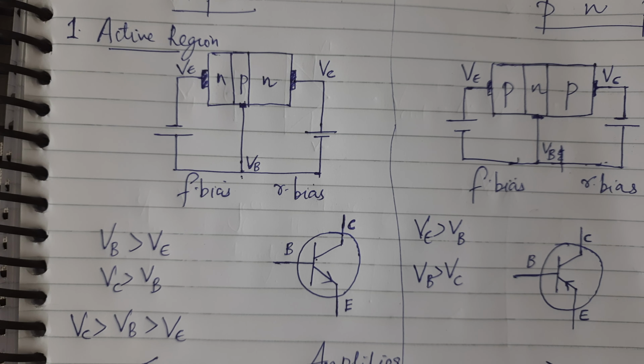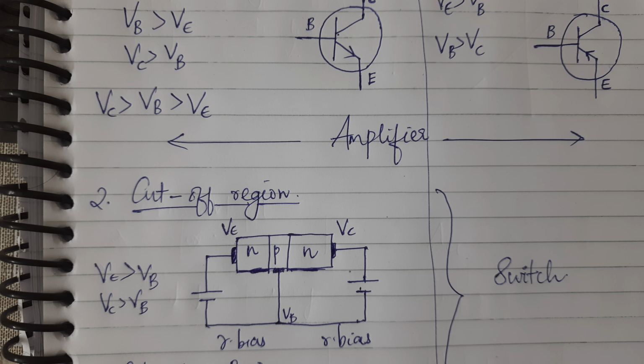And the second region of operation is the cutoff region. In the cutoff region, both junctions will be reverse biased. That is, the base-emitter junction will be in reverse bias, as well as the collector-base region. Reverse bias means the positive will be connected to the N side. So the positive terminal is connected to the N, that is the emitter voltage here.